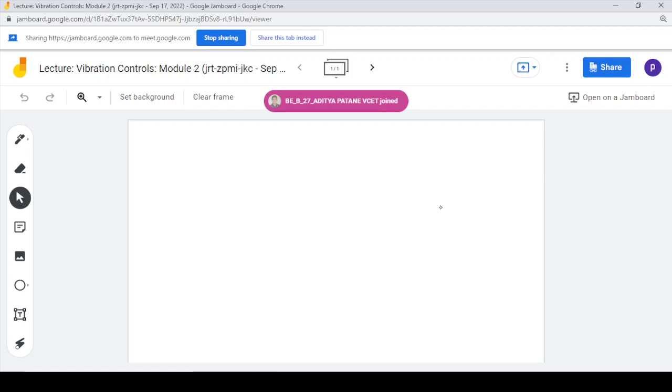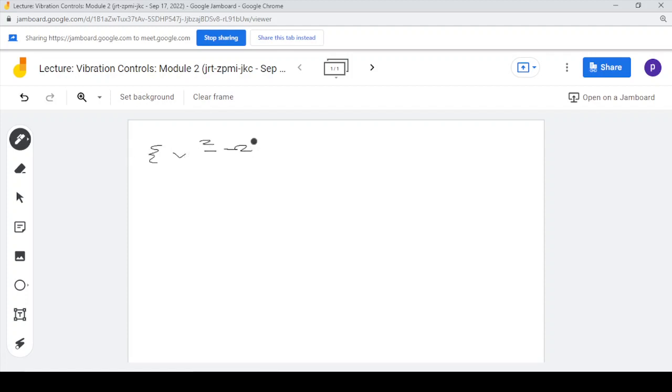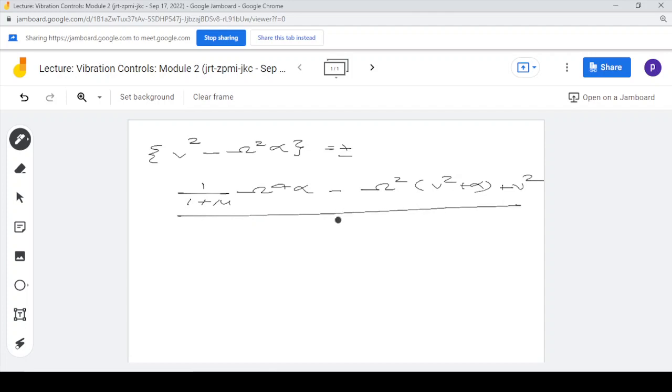So by simplification of that term, we obtain b square minus v square minus omega square alpha equals plus or minus 1 upon 1 plus mu, omega raised to 4 alpha minus omega square into nu square plus alpha plus nu square, whole divided by 1 minus omega square.